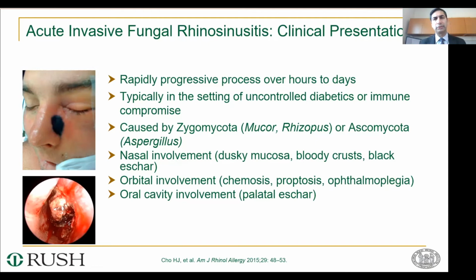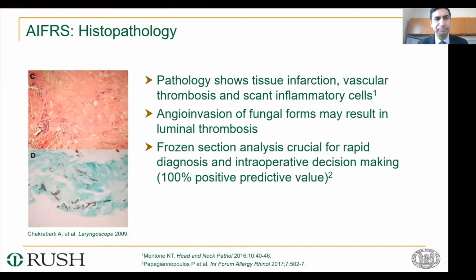When you look at the nasal mucosa, it can be dusky. You can see these bloody crusts. You can see a black eschar on the left middle turbinate, as you see here. Orbital involvement can result in chemosis, proptosis, even ophthalmoplegia. And you should also look at the oral cavity, as you may see extension inferiorly, resulting in a palatal eschar or necrosis of the palate.